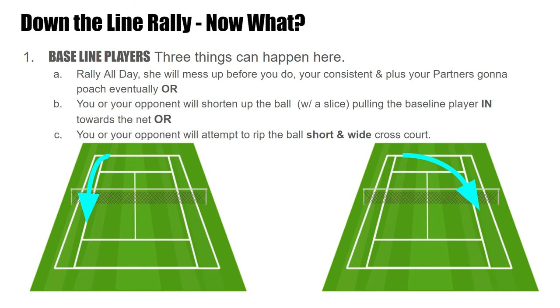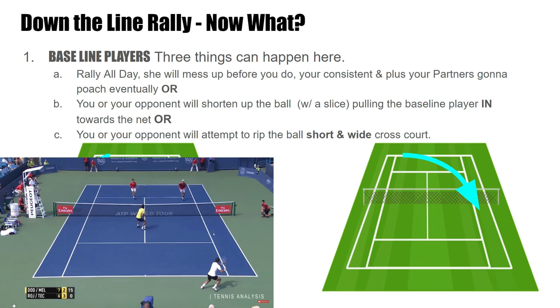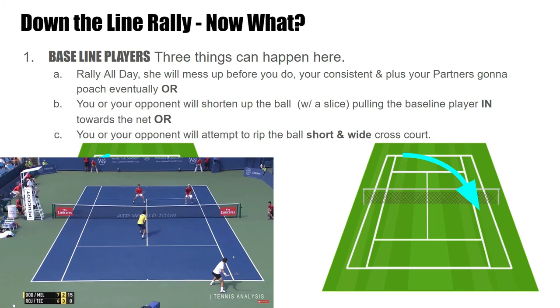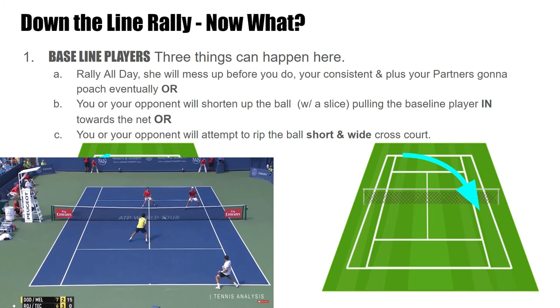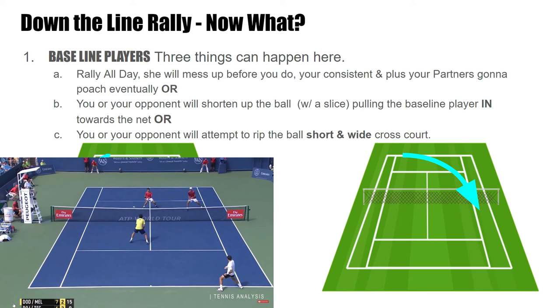Option number 3 is you can rip that ball short and wide across court. We've seen an example of it. Here it is right here. Again, if you've got that shot and you can rip it cross court short, do it. I just want to point out the opportunities here. So you can see there's a hole here and a hole here.